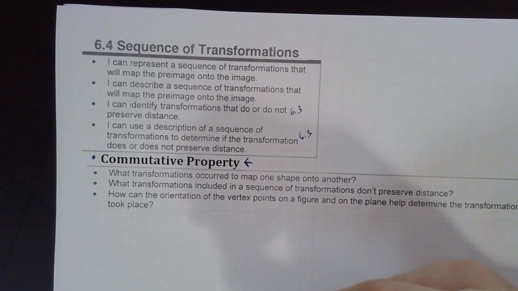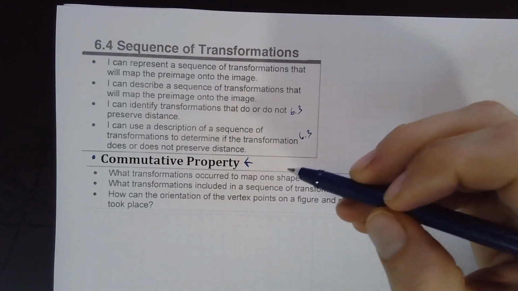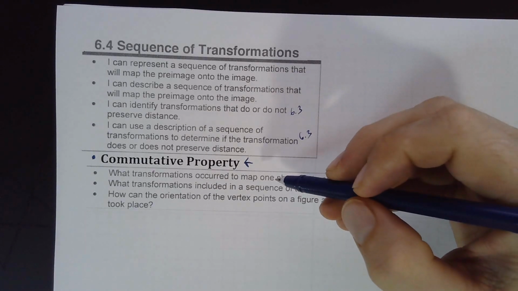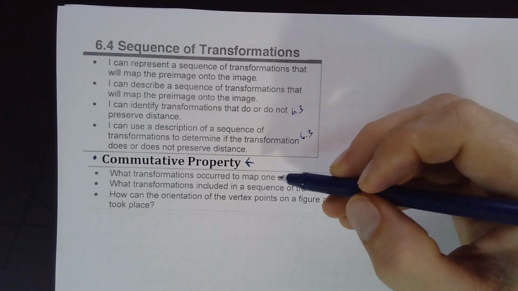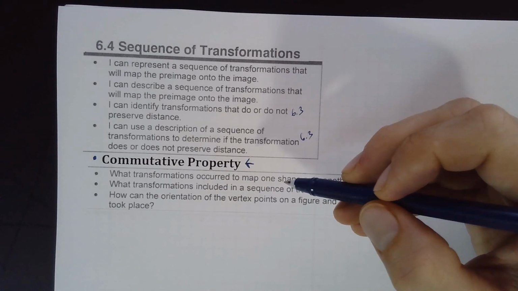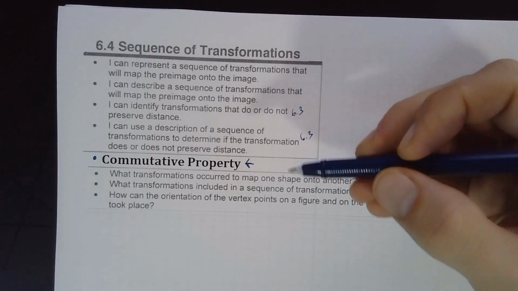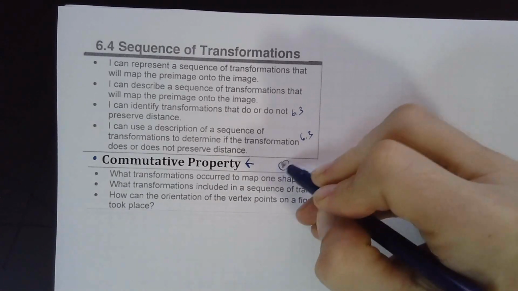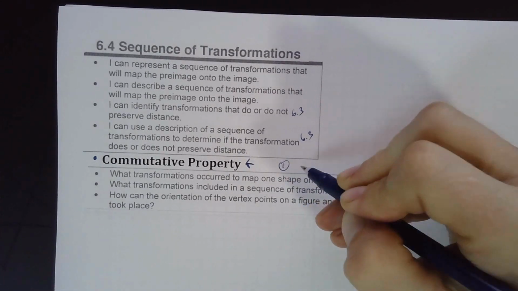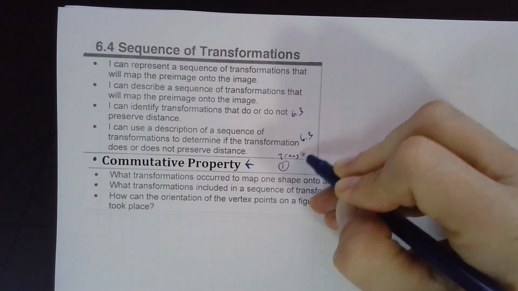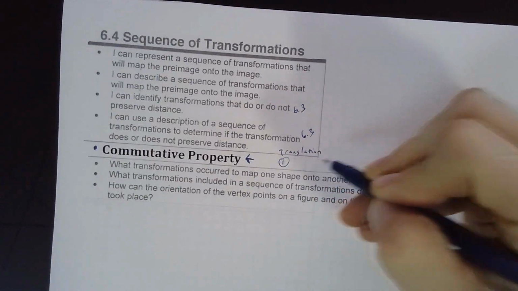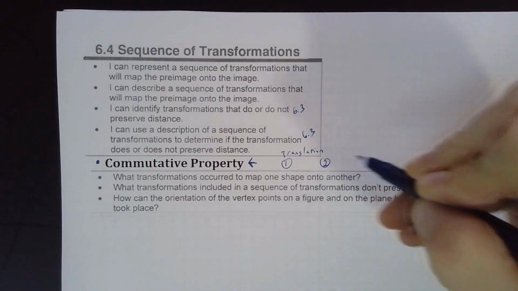Commutative property, just a real quick understanding of it: if a series of transformations can be done in any order, like say I have transformation 1 is a translation, and then transformation 2 is a reflection.